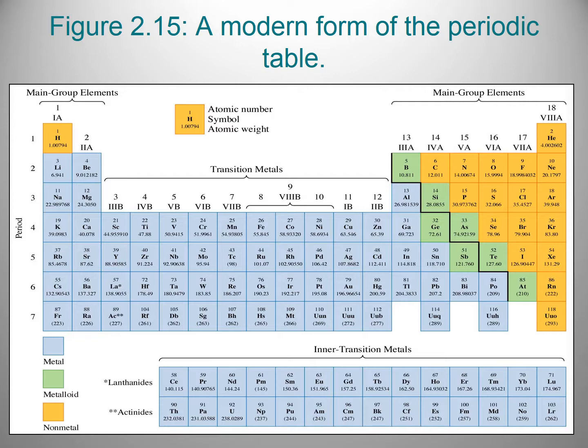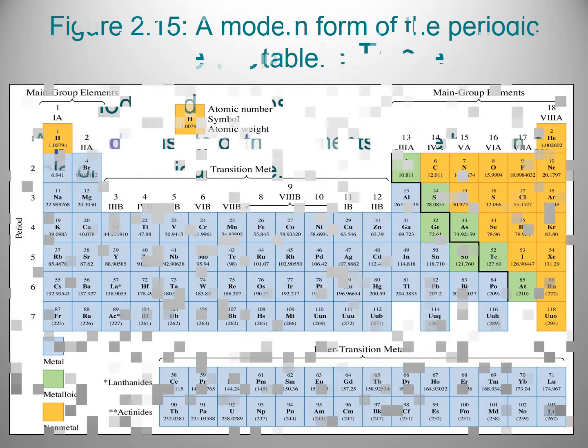The orange squares are the nonmetals, and the blue squares are the metals. And then right on the edge, those green squares that lie right on the border are called metalloids, and we'll talk about those properties in just a minute.